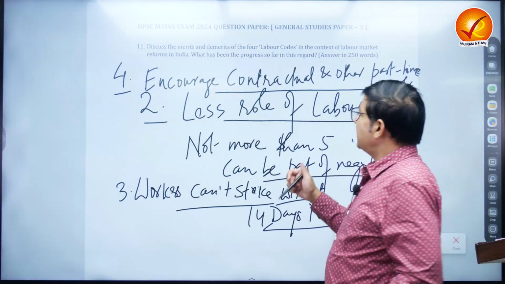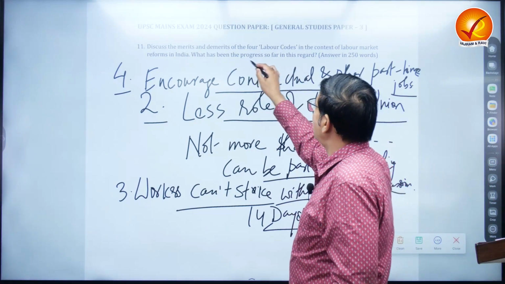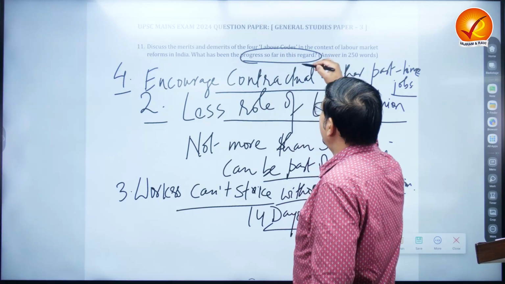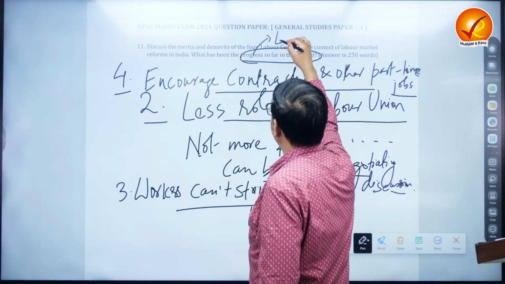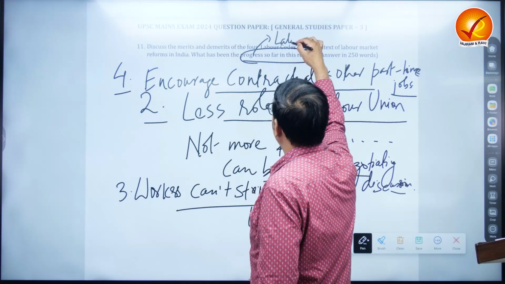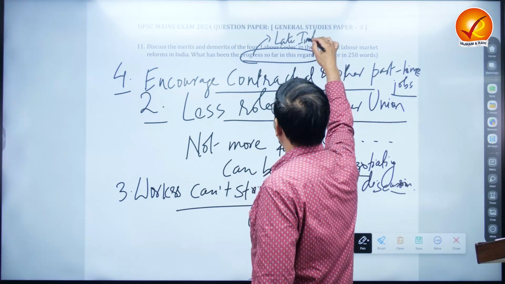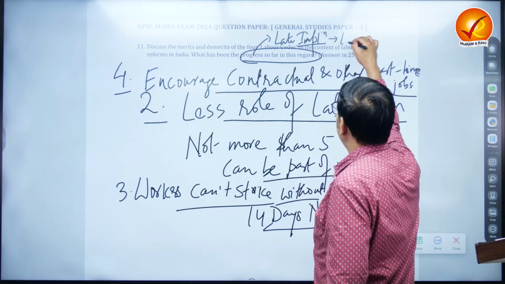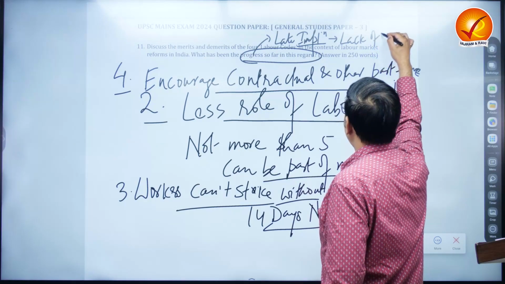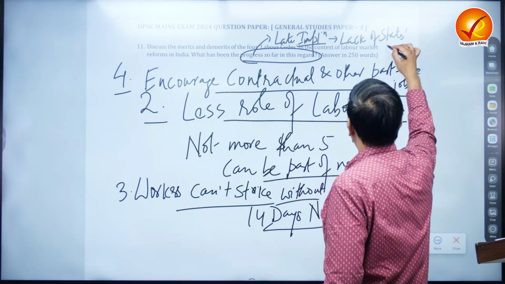Okay, and then the question was about what is the progress so far in this regard. Well, the problem has been that most of them are being implemented late. There is a problem of late implementation, and one of the main reasons is lack of states' consent.